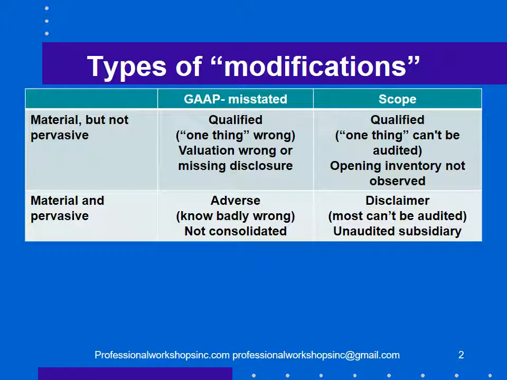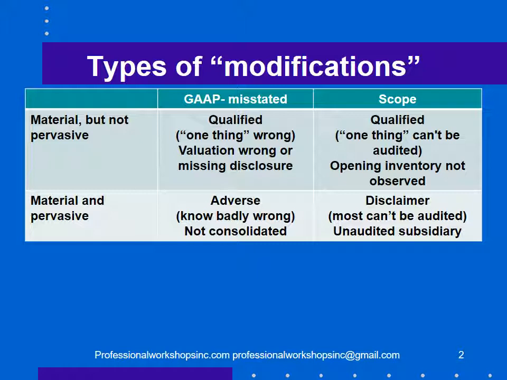Not pervasive means, and I say one thing wrong, but is it something that you can clearly describe in the audit report what's wrong so the user will clearly understand, or is it a pervasive problem that everything's wrong? An example of one thing wrong is valuation of inventory. We know it's wrong, and we will describe that in rather too much detail in our audit opinion. Or is there a missing note? If there's a missing note, we will effectively write the missing note in our audit opinion.